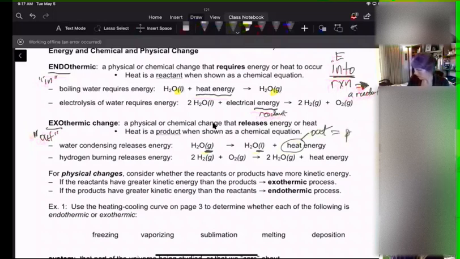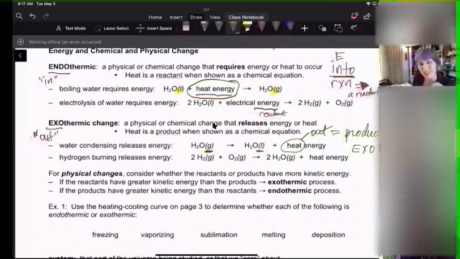That means it's a product, and that is exothermic. And that could be for a physical change or for a chemical change. And it's exactly the same amount, right? It takes a certain amount of energy to vaporize one sample of water, and that same energy will be released when it condenses back down to the liquid.